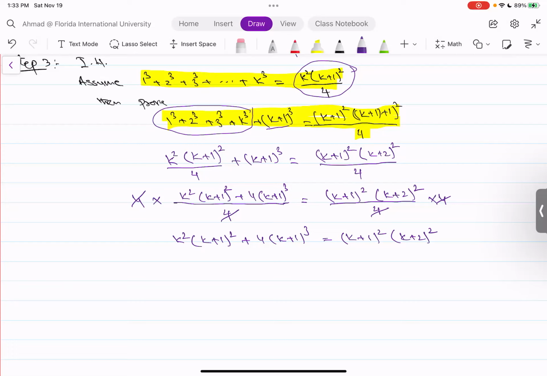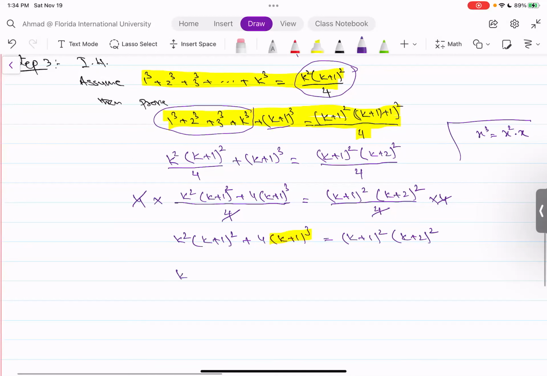Okay, now what we can do, can I do one thing? Let's say, for example, on a side note, if I have something like x cube, I can write it as x square times x, right? That is perfectly fine. So that's what I'm going to do with this (k plus 1) whole cube. So I'm going to write it like this one, k square into (k plus 1) whole square plus 4 into (k plus 1) square into (k plus 1), right?